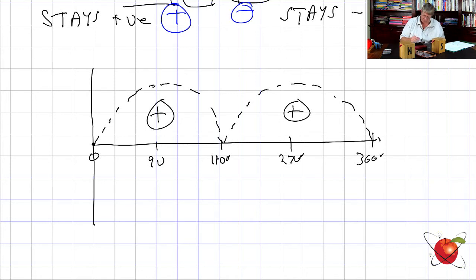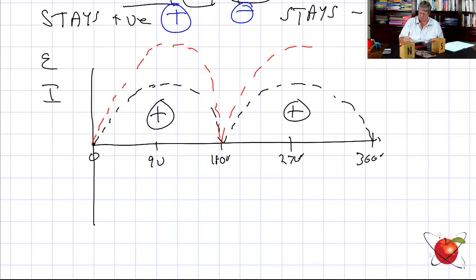This could be the current or the EMF, and the voltage will go just the same as the other one. You can remember what that graph looks like. The difference is the previous one went negative, this one doesn't.